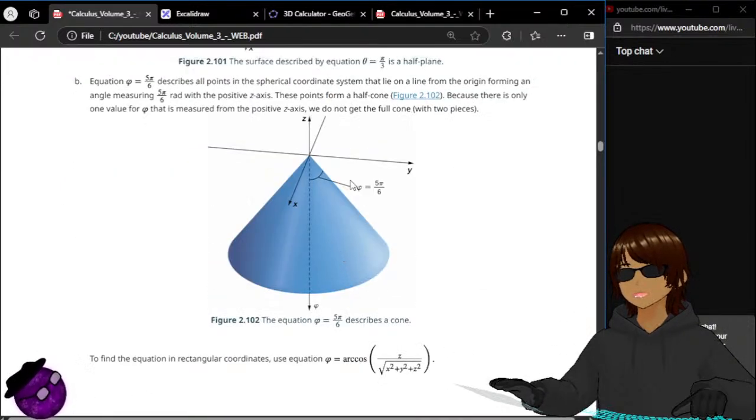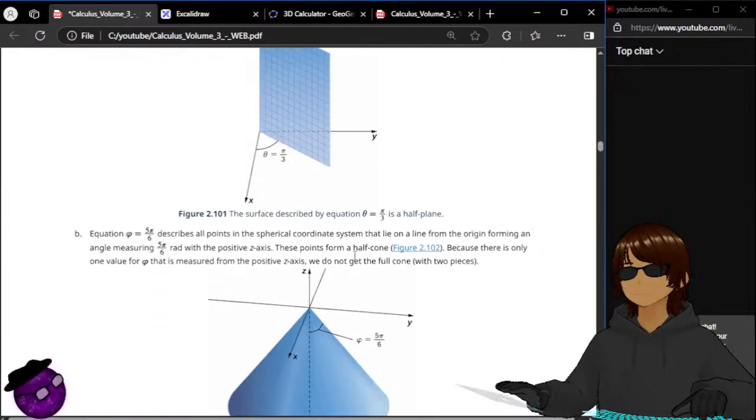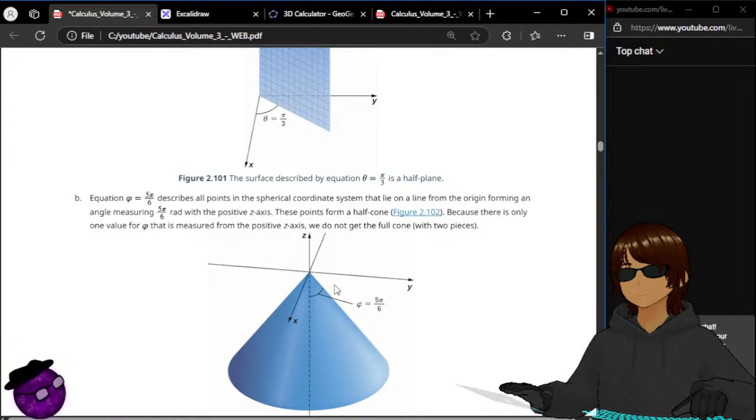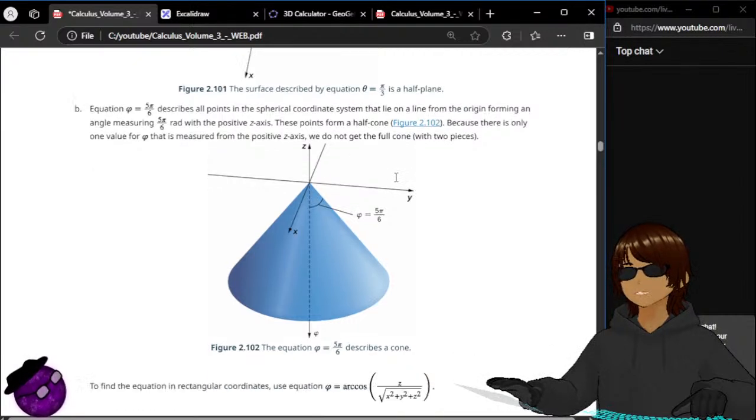Wait, would it be in the negative direction? Hold on. These points form a half cone because there is only one value for phi, measured from the positive z-axis. We do not get the full cone with two pieces.